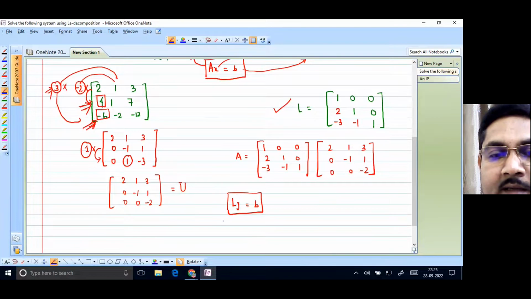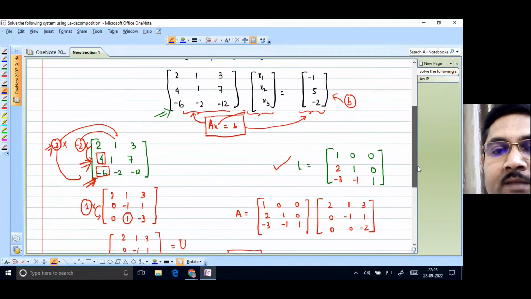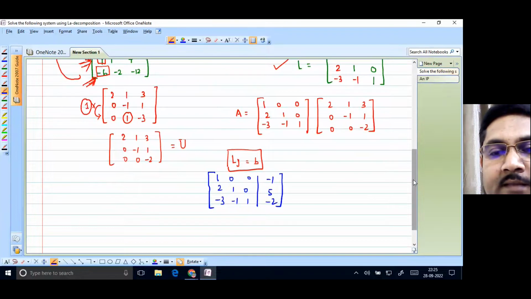So I am writing L as 1 0 0, 2 1 0, minus 3 minus 1 1, and on the right hand side I write the augmented B. B is minus 1 5 minus 2. So once you write this, I will row reduce it to find the answer.